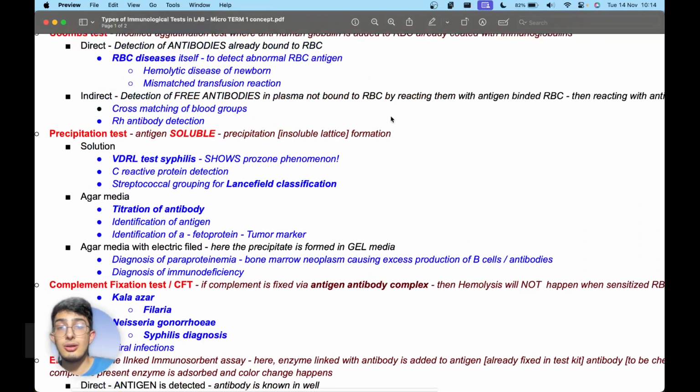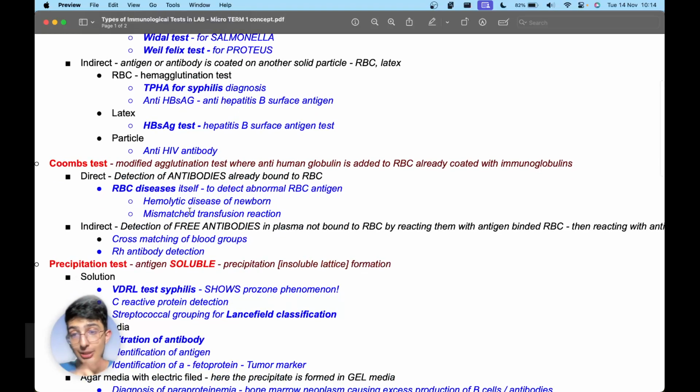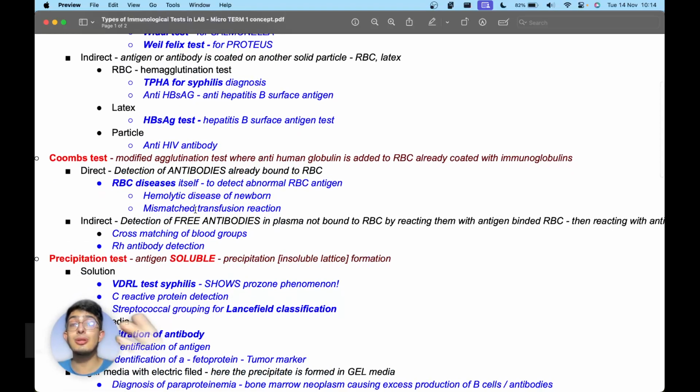So what is the example? It is done to check for RBC diseases, right? For example, hemolytic anemia of the newborn. Autoimmune hemolytic anemia is an autoimmune disorder in which the body produces antibodies against its own red blood cells, right?